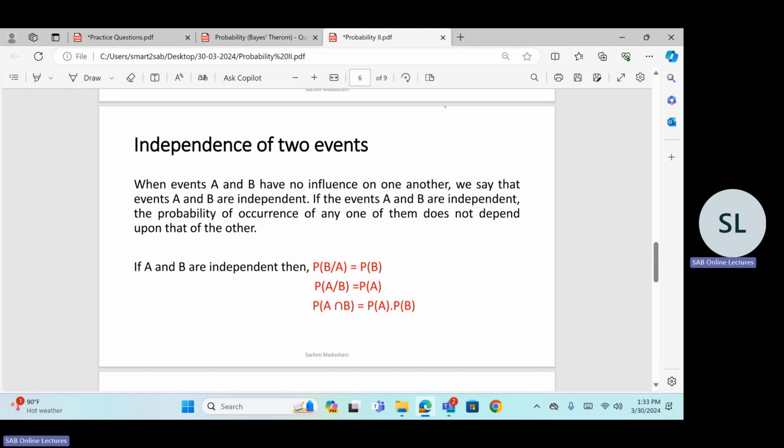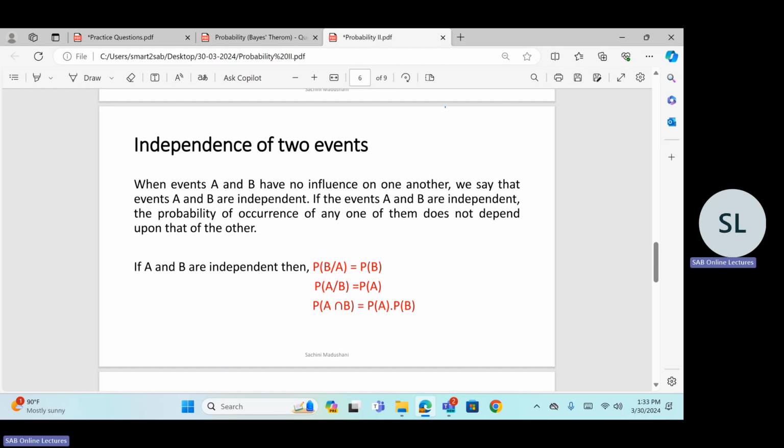If the two events are independent, then these are satisfied. First, how to get the intersection of the two events? Think A and B are independent. The intersection is the probability of event A multiplied by the probability of the event B.